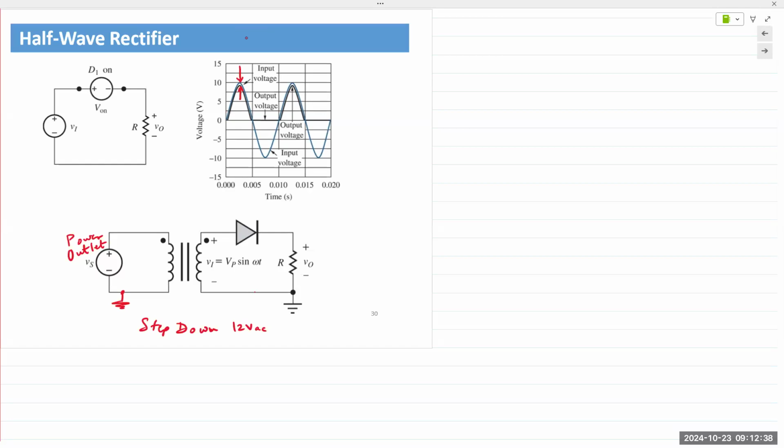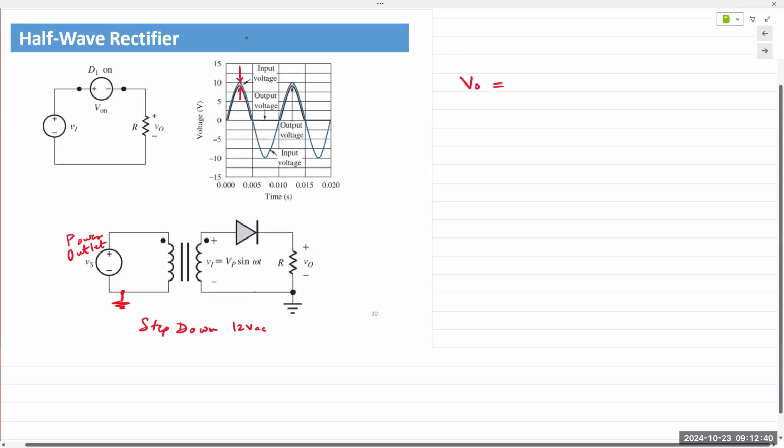Okay, so the output voltage will be reduced by the diode turn on voltage. Right? In the constant voltage drop model, it would be about 0.6 volts.